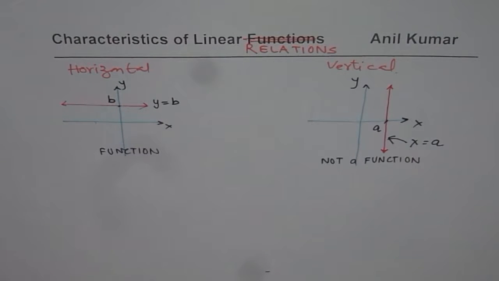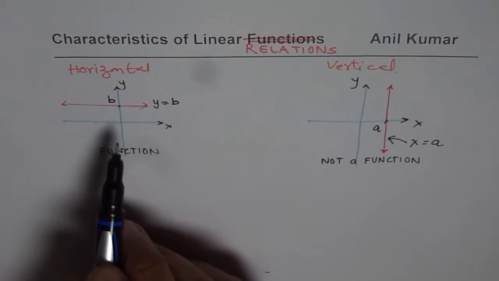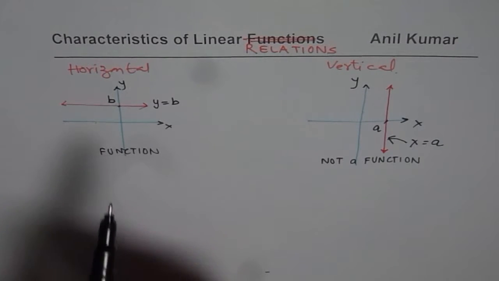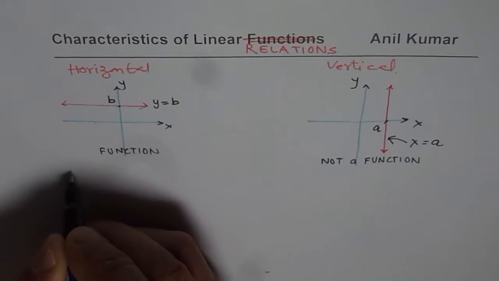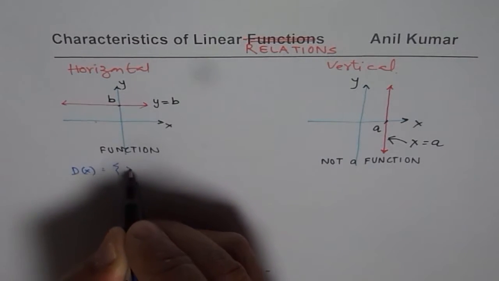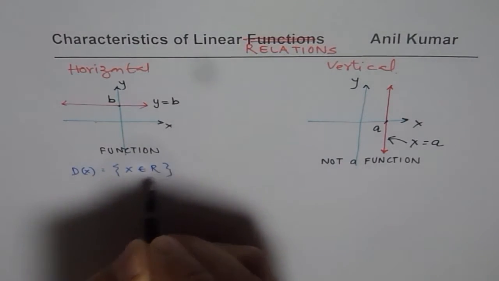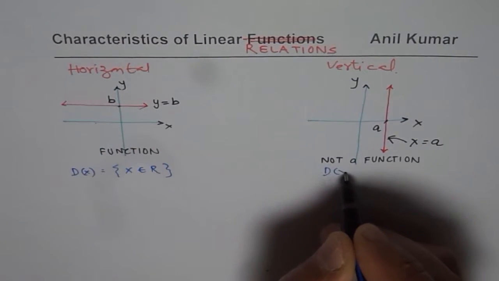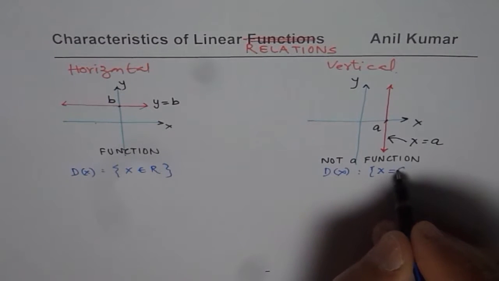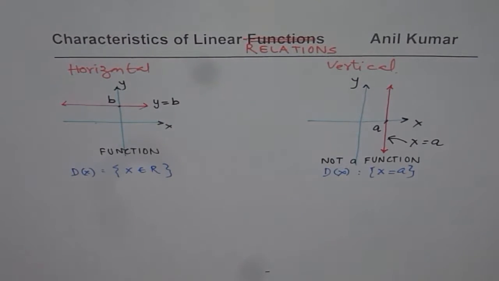Now let's get back to the characteristics. Characteristics for horizontal and vertical lines are very different from the slanting lines. Here, what do you notice? Here, in this case, the domain is what? x belongs to real numbers. How about the domain in this case? The domain here is that x equals just a, not all real numbers.